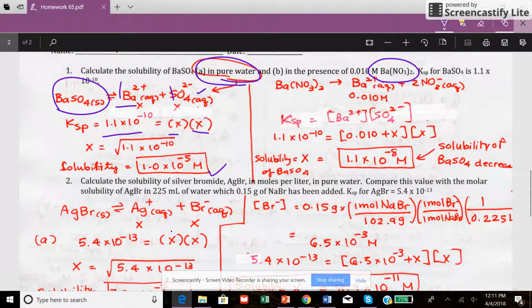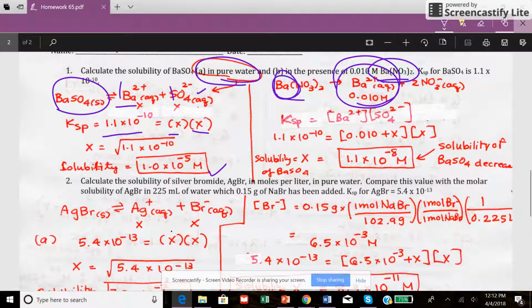On the other hand, if you try to dissolve this barium sulfate in a solution that already has barium ion in it, the source of the barium ion is the barium nitrate. Because nitrates dissolve in water very well, if you throw in 0.01 molar of barium nitrate, all of it will dissolve and give you the barium ion to begin with.